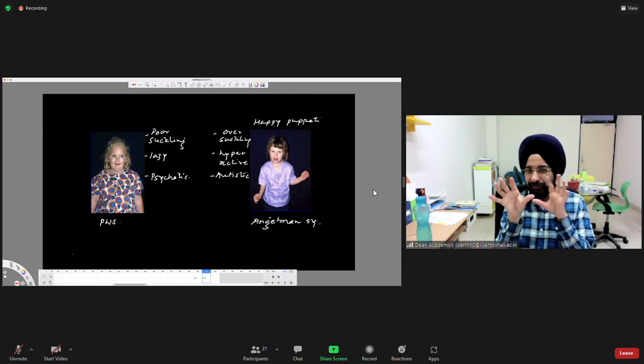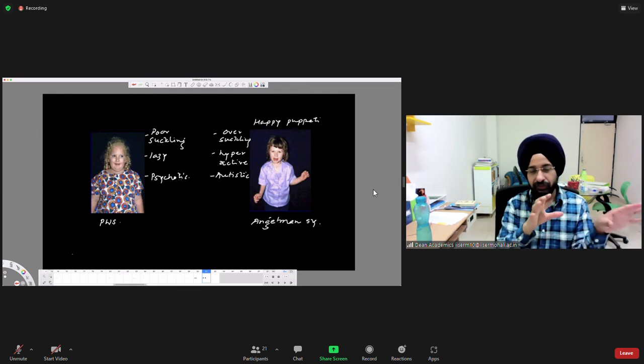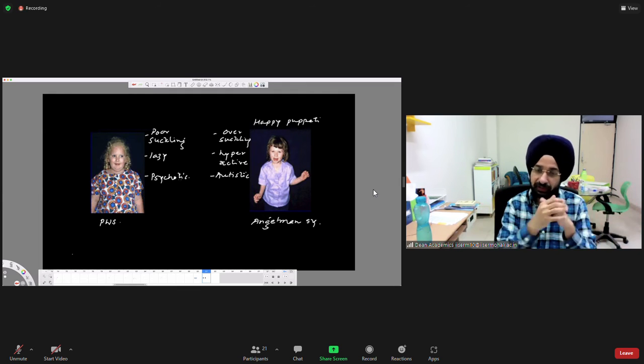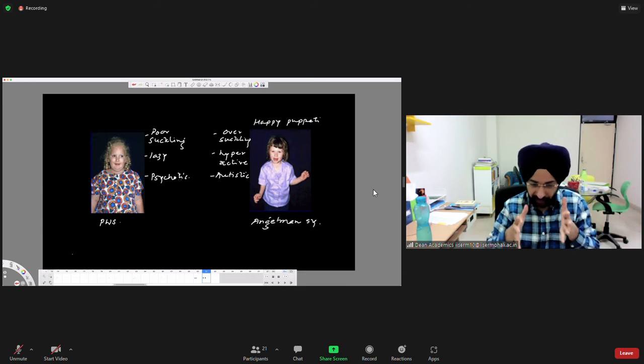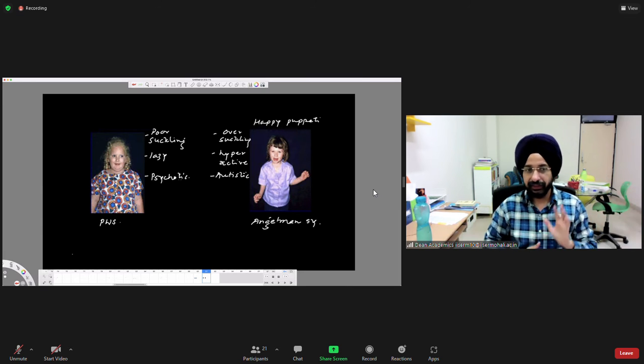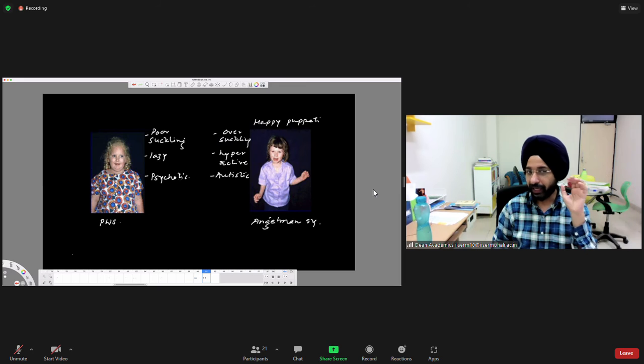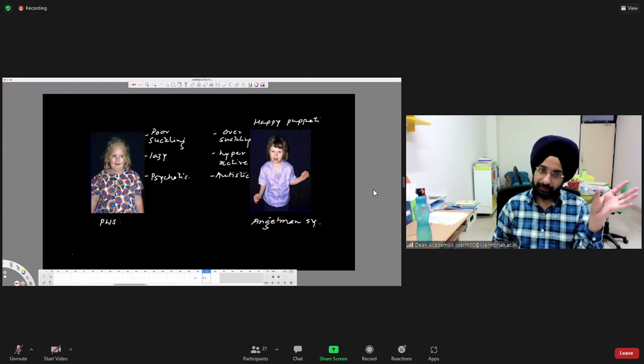Just to give you some understanding of autistic and schizophrenia, they are contrasting phenotypes. Autistic means they are not interacting with people, right? They consider people as objects. And schizophrenic people are the other way around. They consider even the objects as people.